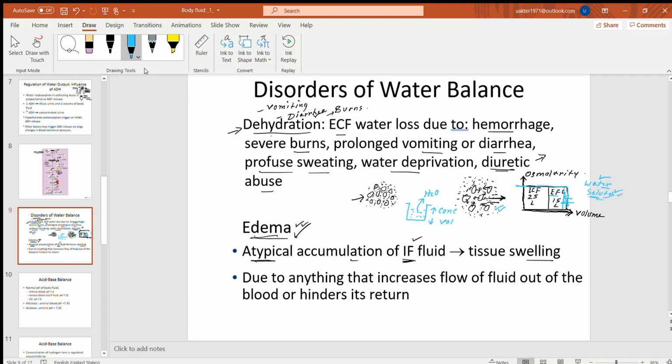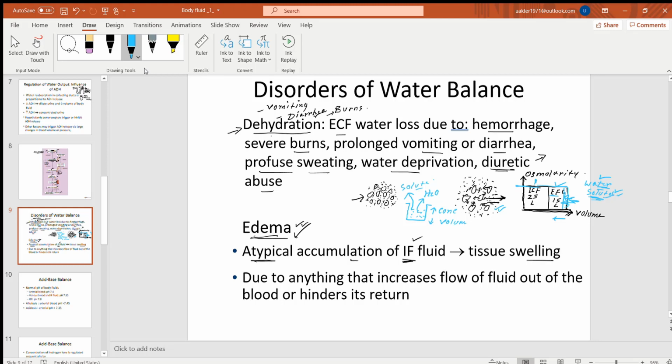If I take only the glucose solutes out, then the concentration will go down, the opposite, right? So just think simple, and that will explain this. Now in diarrhea we are losing both water and solutes, so the volume will go down but the concentration will remain the same. So this way no change, but this way you will see the volume move down in the extracellular fluid.